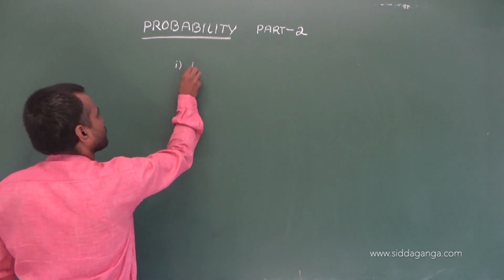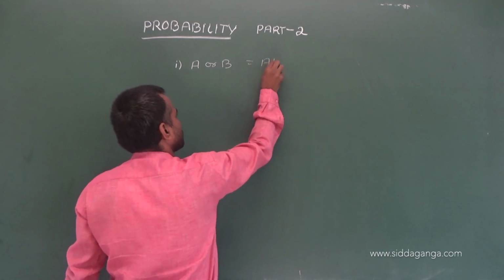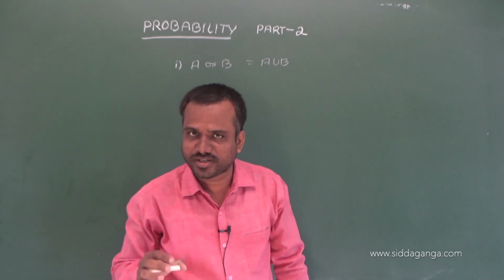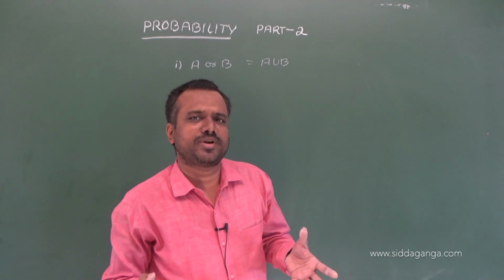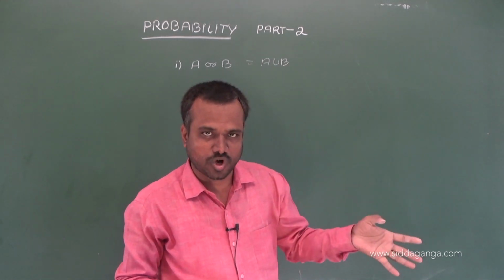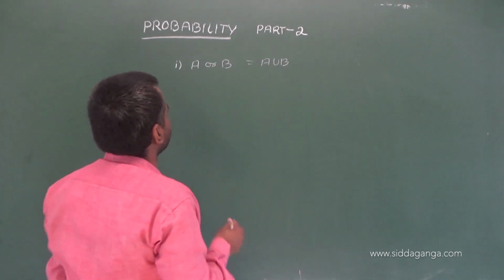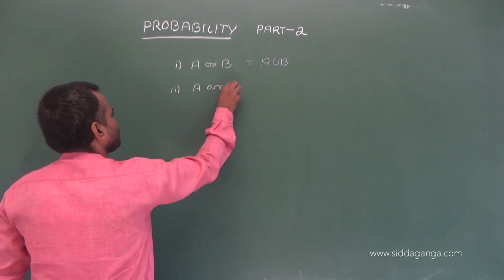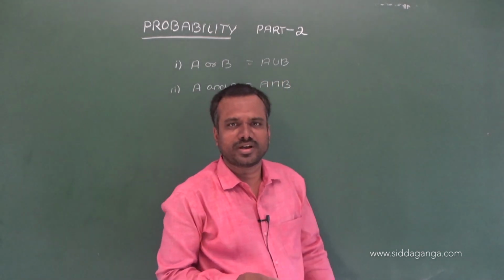Number one is A or B, that is the same as A union B. This means the elements which are present in A, or present in B, or both A and B. So A union B is nothing but A or B. Then A and B, that is exactly A intersection B, the common elements.